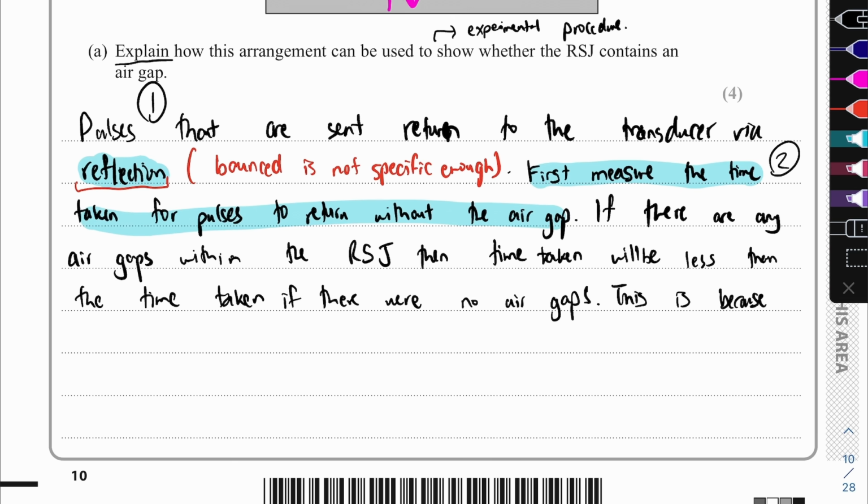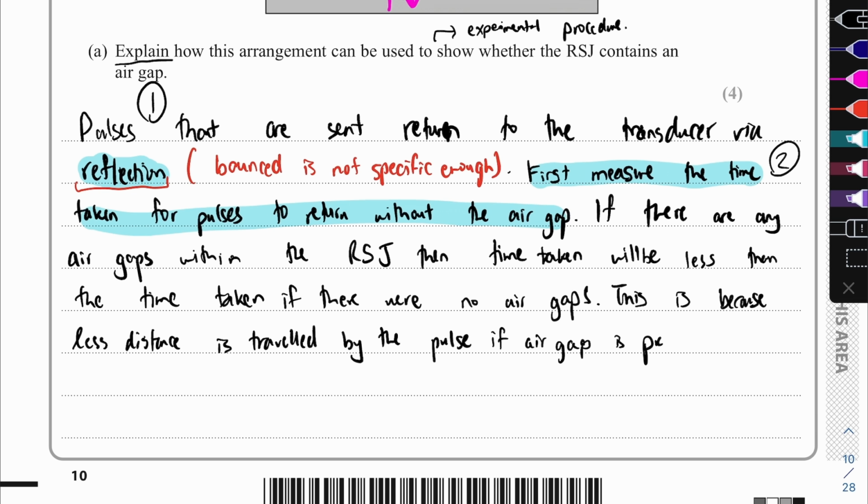This is because less distance is traveled by the pulse. Less distance traveled by the pulse if an air gap is present.